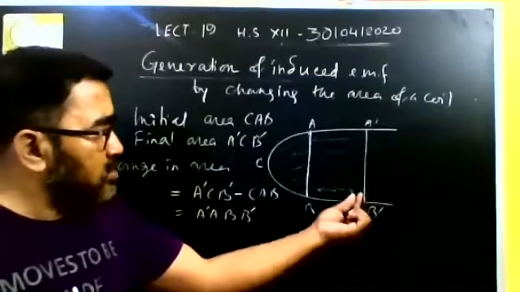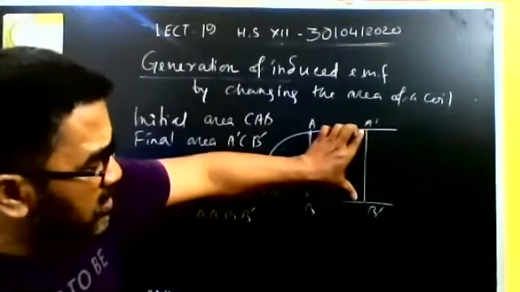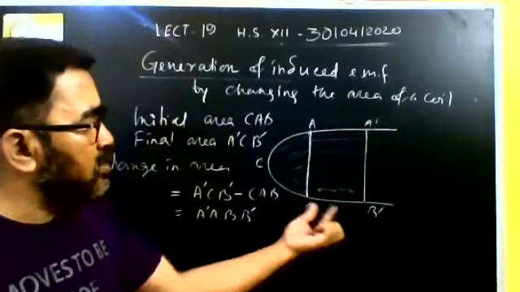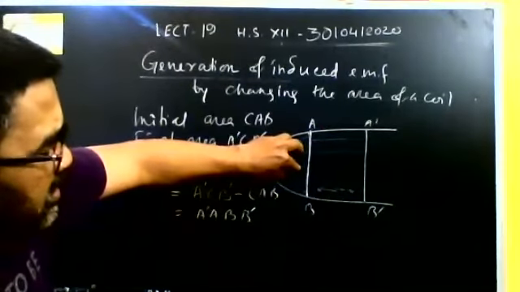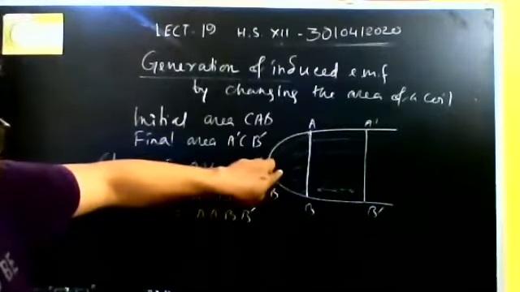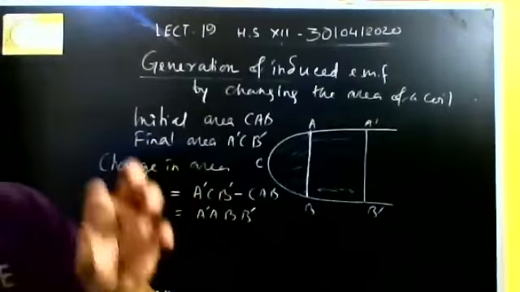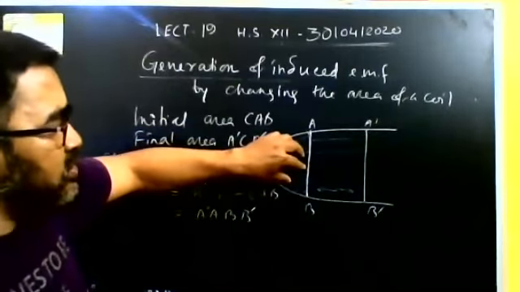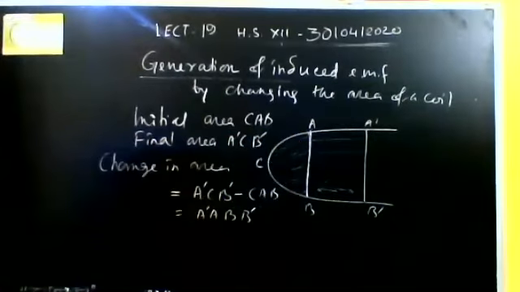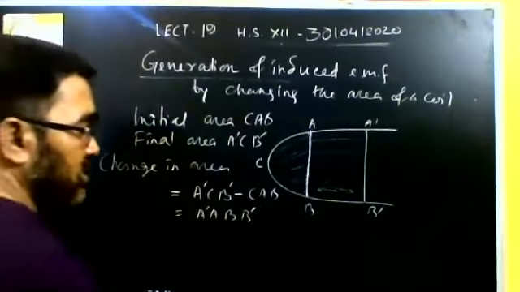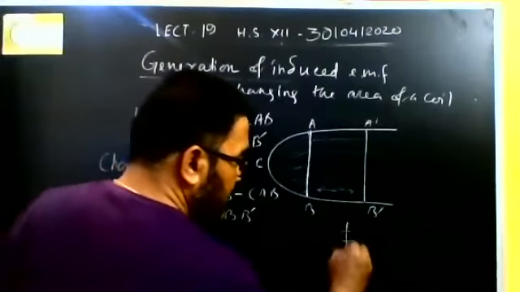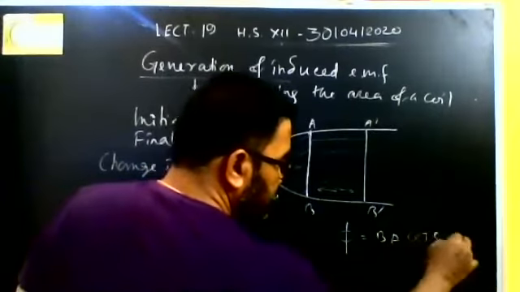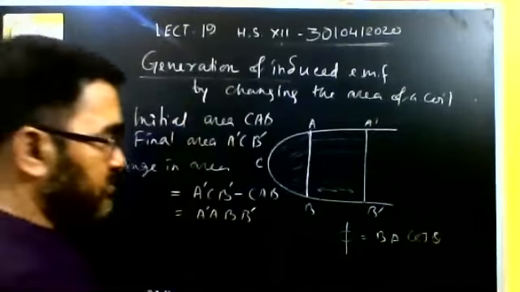We can move this conductor forward and backward. It should be a loop, a coil, and this is the affected area for which induced EMF is obtained. The flux is B A cos theta.